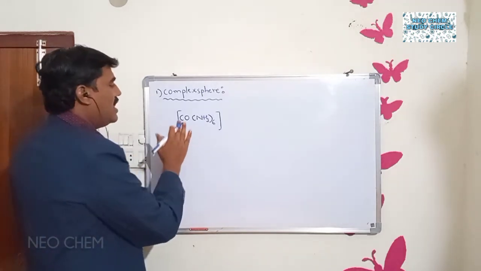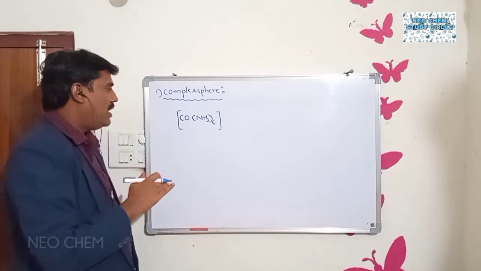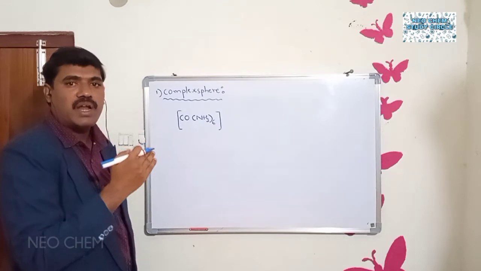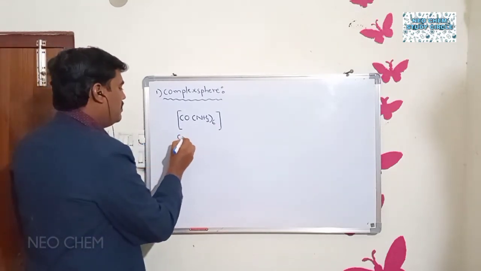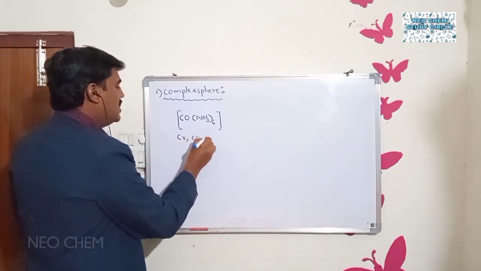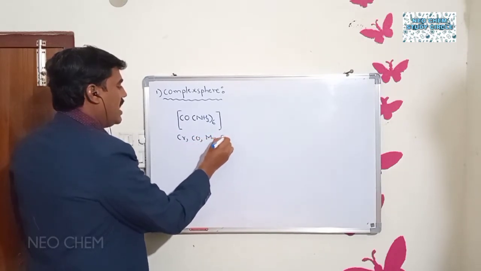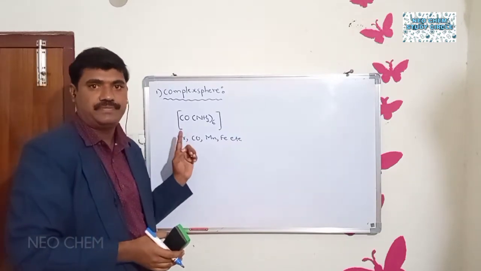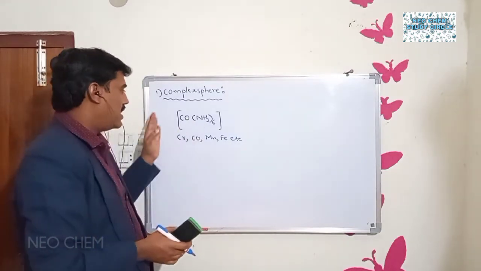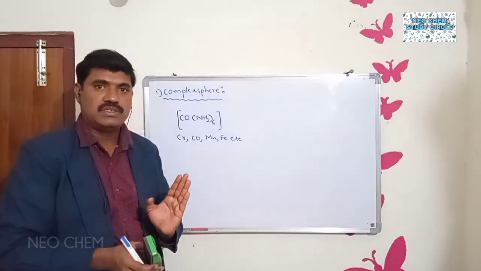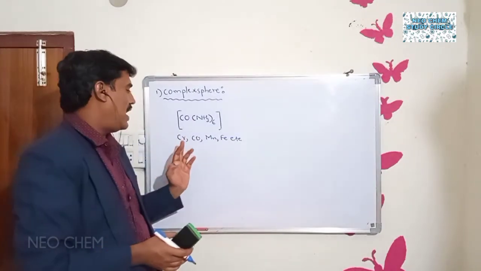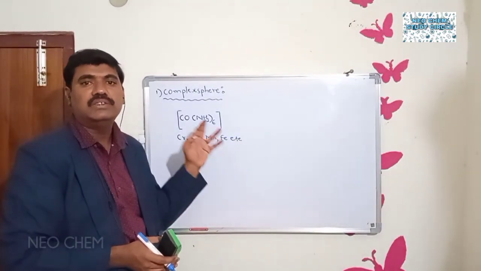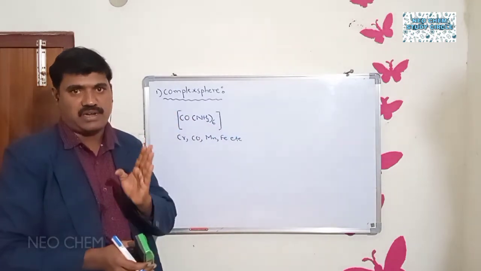Commonly, in a complex sphere, transition elements or d-block elements like chromium, cobalt, manganese, iron, etc. act as the central metal atom.